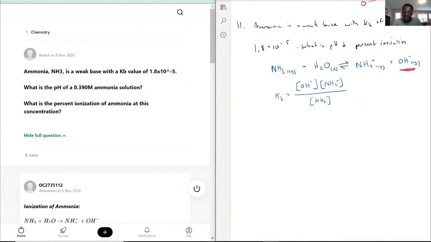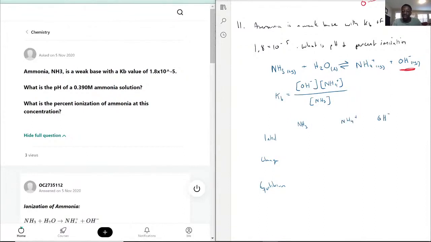Okay, so ice tables are initial, change, equilibrium, and we have to do this for each of the components that are factored in the Kb equation. So it's going to be the NH4 plus and OH minus.